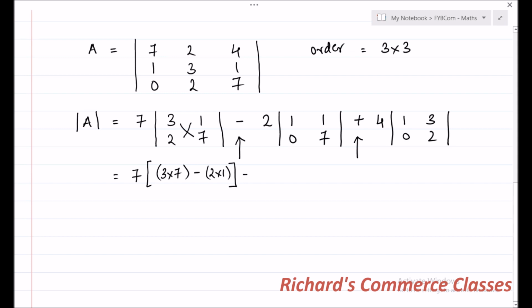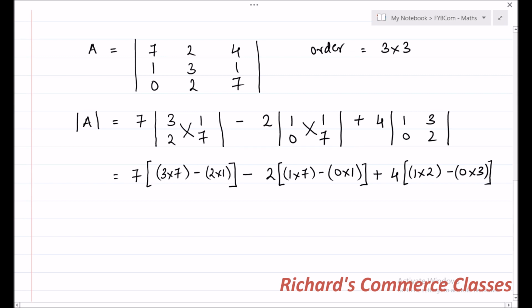Moving to the next, sign in the middle is minus 2 into bracket, again cross multiply 1 into 7 minus 0 into 1. Moving further, plus 4 into bracket 1 into 2 minus 0 into 3 is what we get.